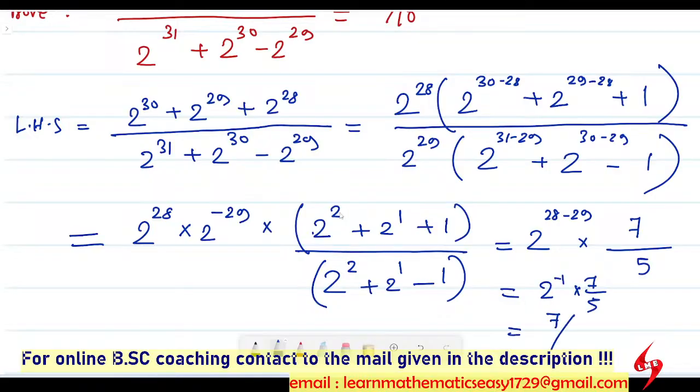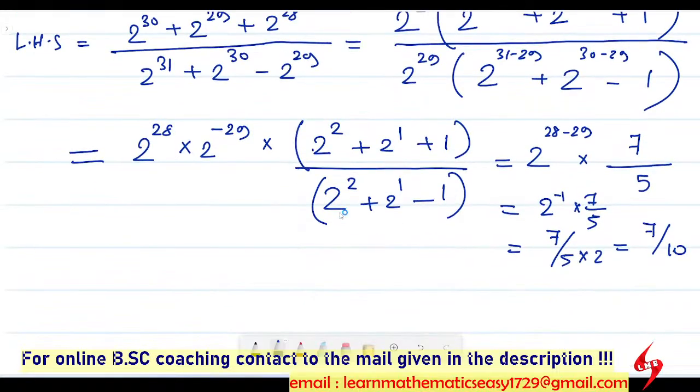So 7 by 5 into 2, because the power is minus 1, so it will get back to the denominator. So the number will be 7 by 10. And this is my RHS. Good.